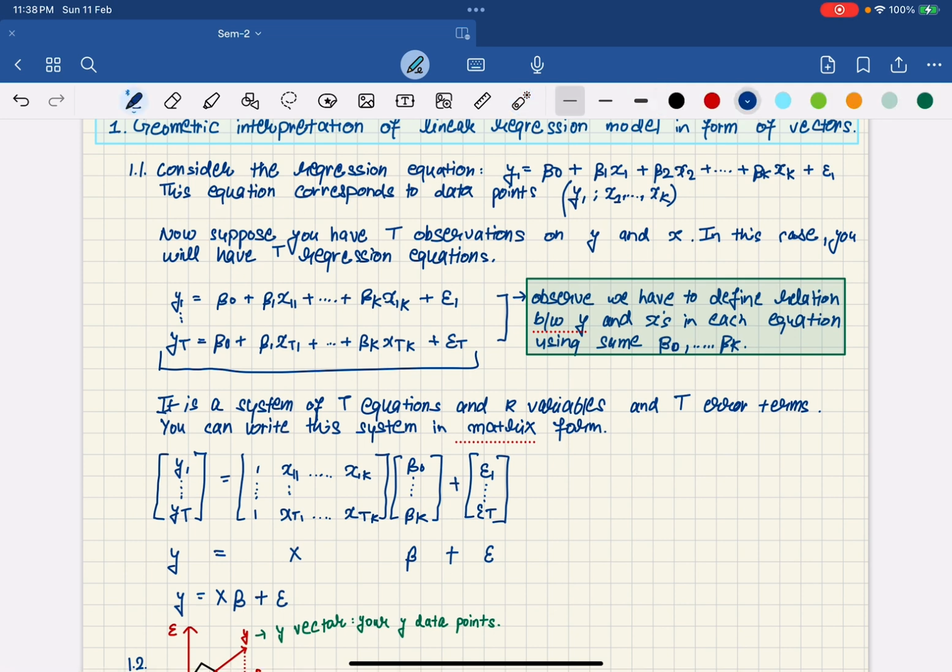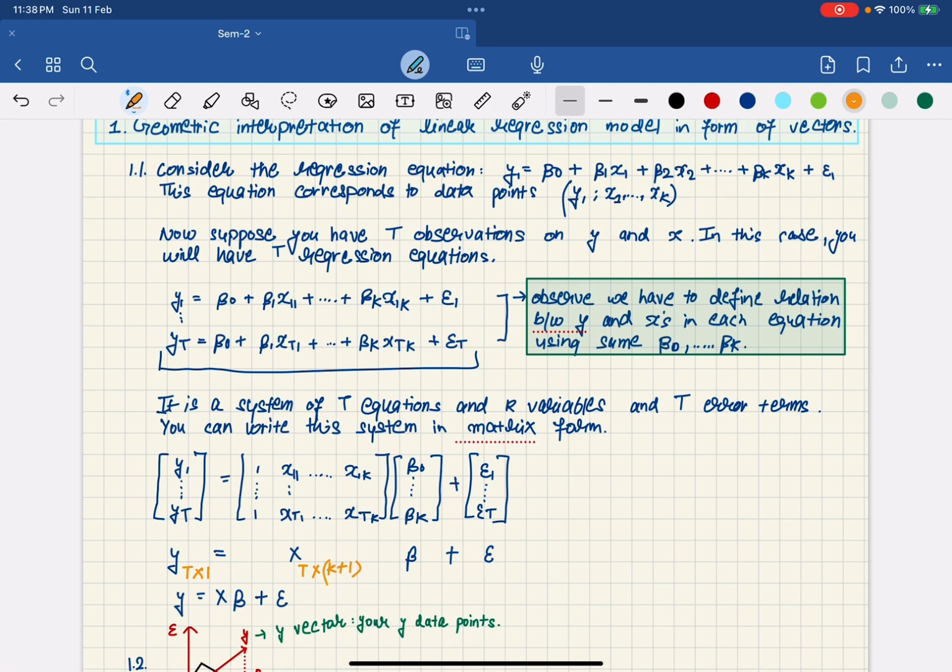Okay, so let's note down the order of these matrices. Your y matrix is of t cross 1 order, right? Your x matrix is of t cross k plus 1 order.